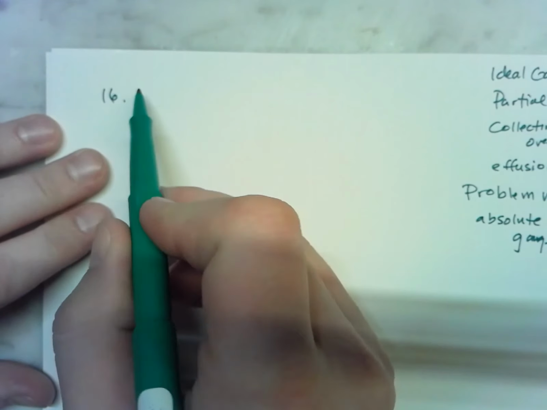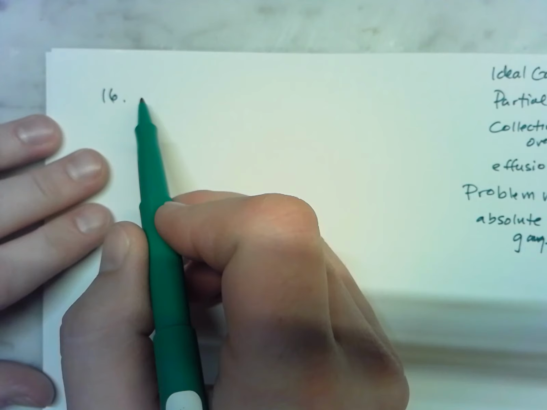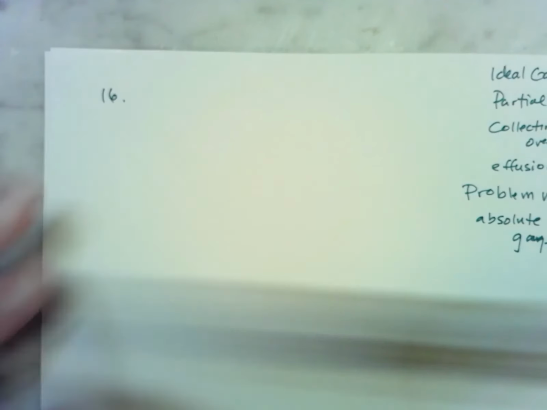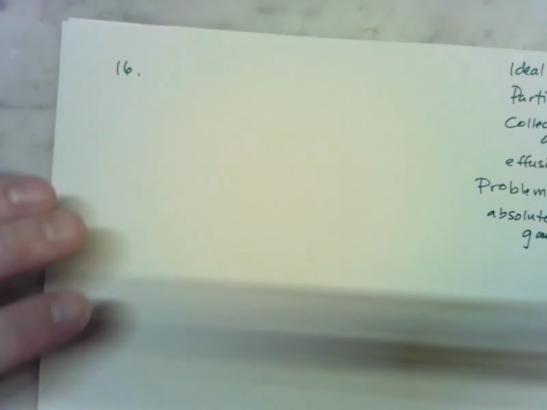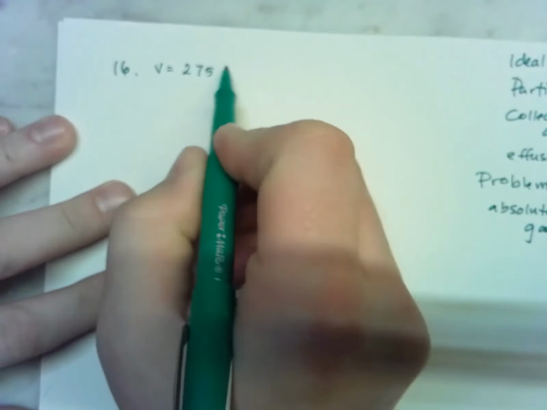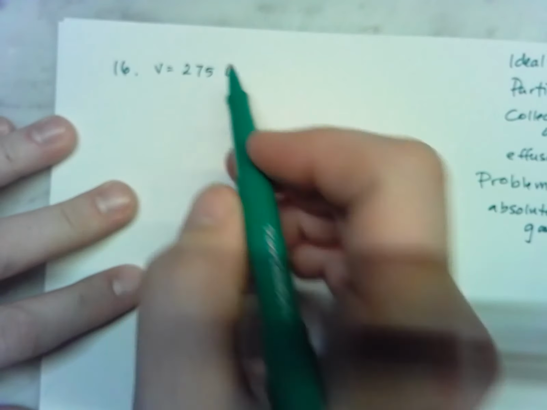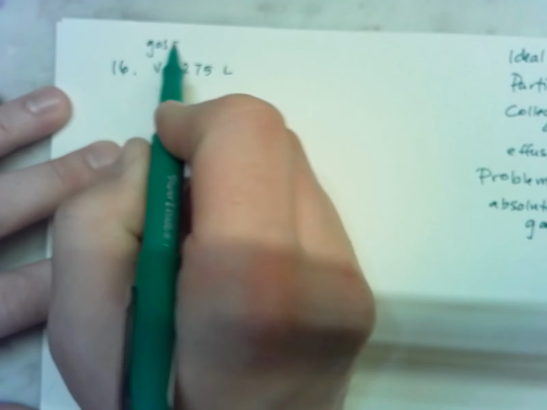And so on 16 it says a weather balloon is filled with 275 liters of helium at 29 C and 765 millimeters Hg. Volume then is 275 liters, and let's just say that the gas is helium, just in case we need that later.